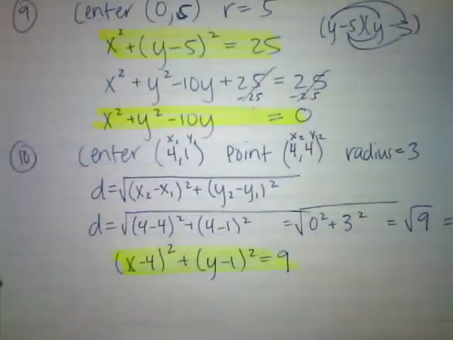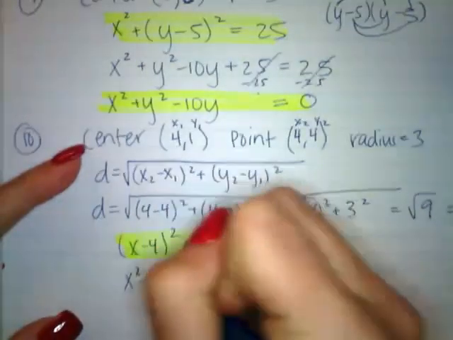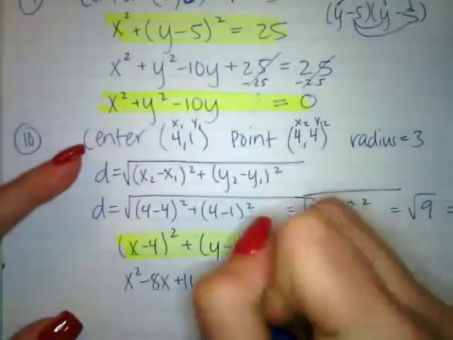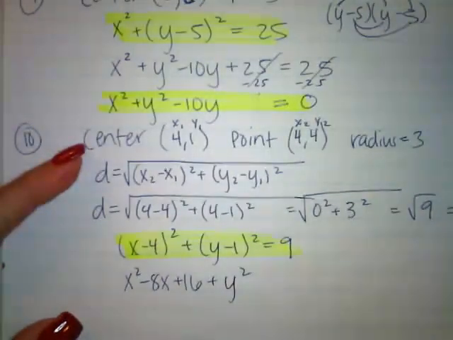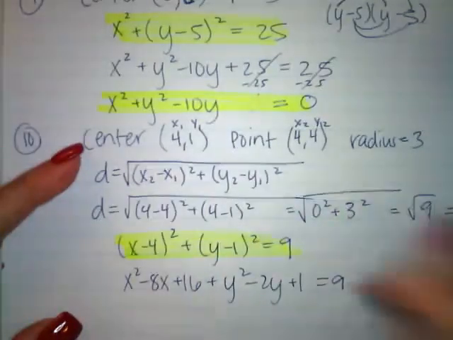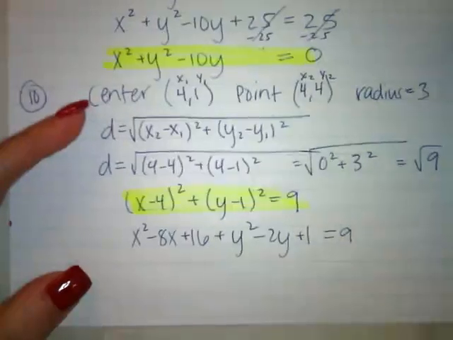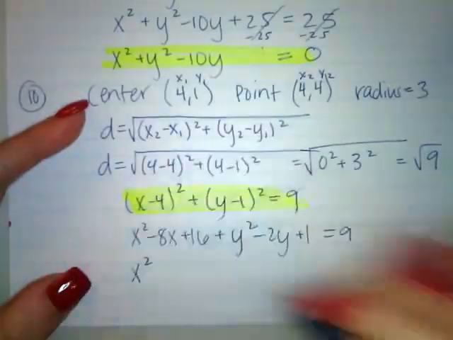To convert it to general, I need to FOIL. When you FOIL the first one, you get x squared minus 8x plus 16. When you FOIL the second one, you get y squared minus 2y plus 1. Okay, write it highest to lowest, alphabetical, and make sure it's set equal to 0.